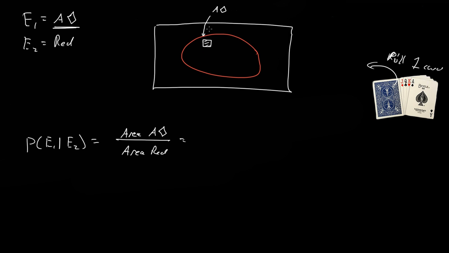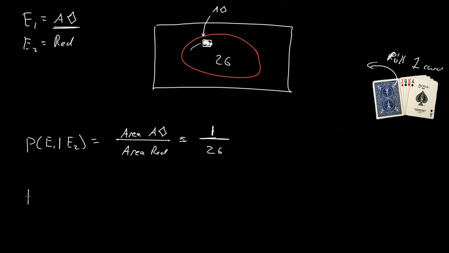Well, that is simply this area divided by that total area, or more simply put, that's one card out of 26 red cards. So the red area represents 26 red cards, and this little area represents just the one card.